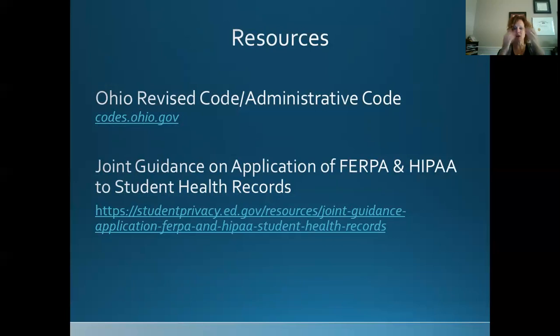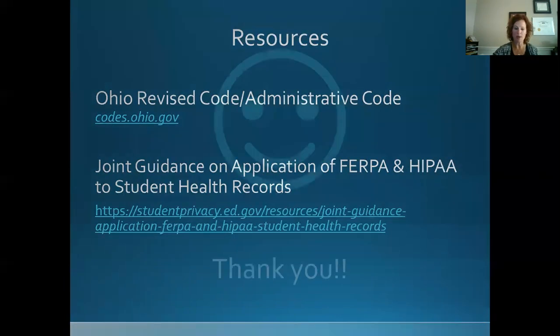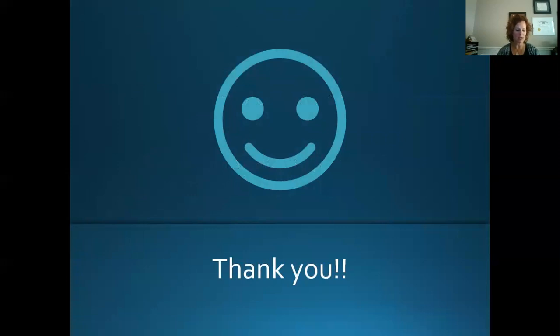This guidance here is probably 35 pages of essentially FAQs on when FERPA applies and when HIPAA applies to student health records, and also just an overview of those laws such as I laid out today. So it's really an excellent resource if you have questions about FERPA in general, HIPAA in general, and when one or the other applies. So that's all I have for today's presentation.